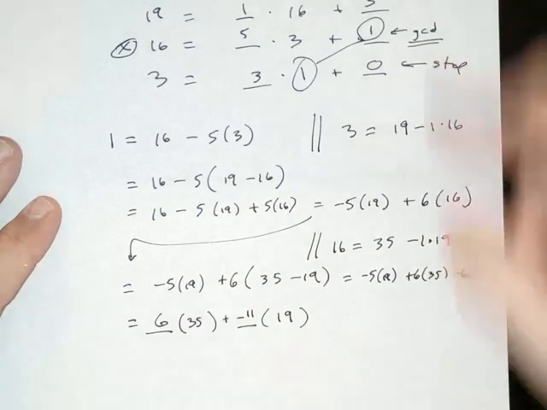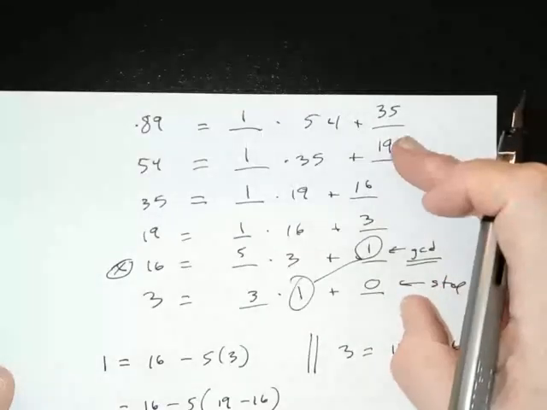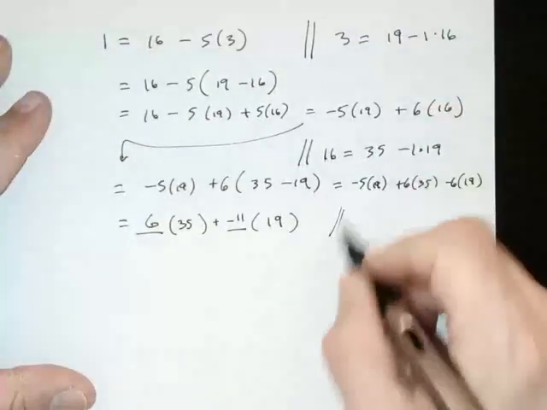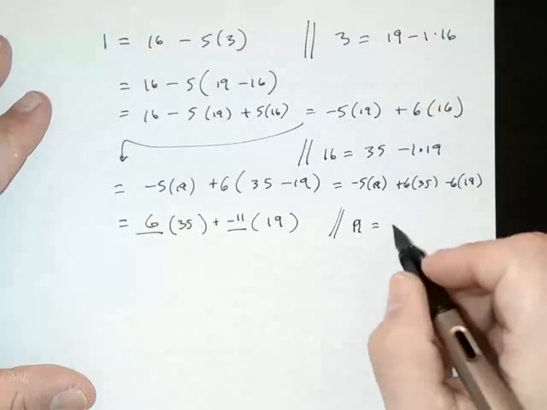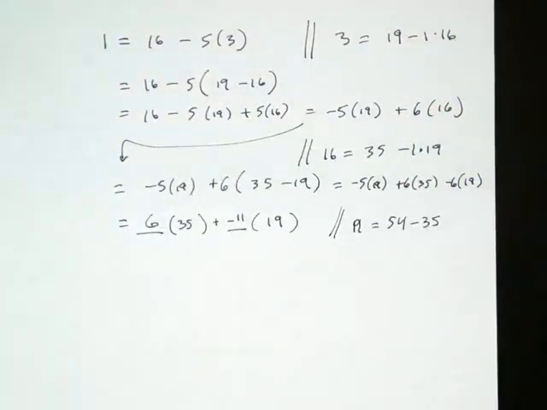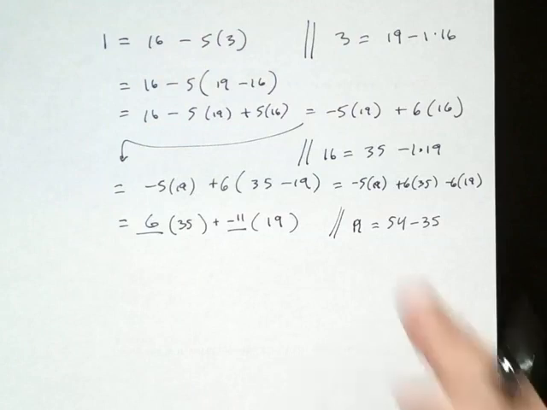19 is a remainder in one of my equations. This equation right here. Rewrite that equation to get 19 all alone. Nineteen is 54 minus 35.